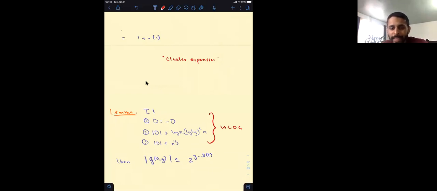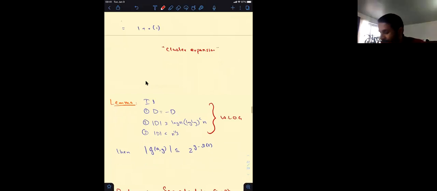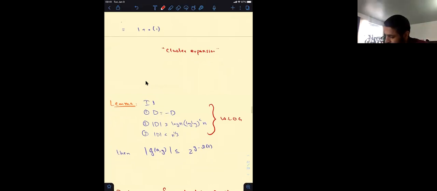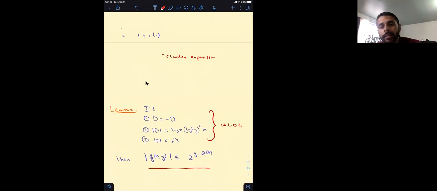If you brush very little under the rug, it's literally this: you have a bound on the number of sets A of a given size whose neighborhoods are of a given size. Okay, questions?